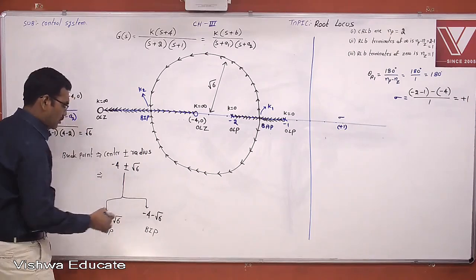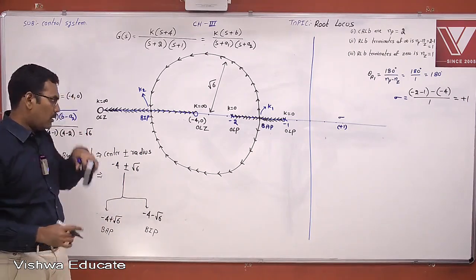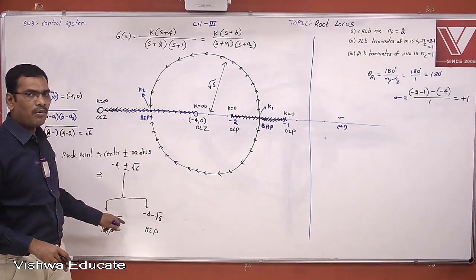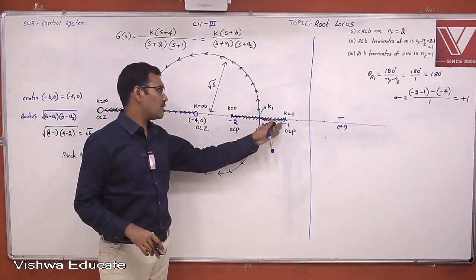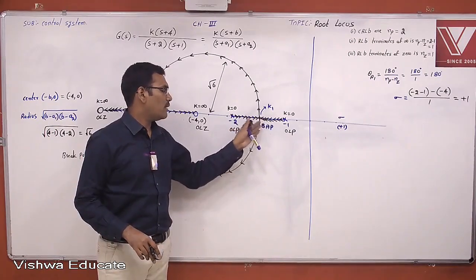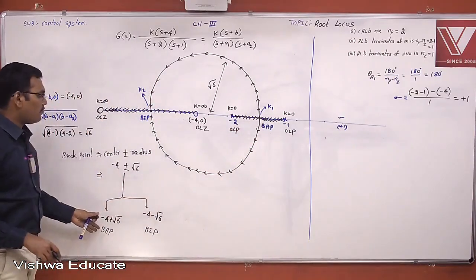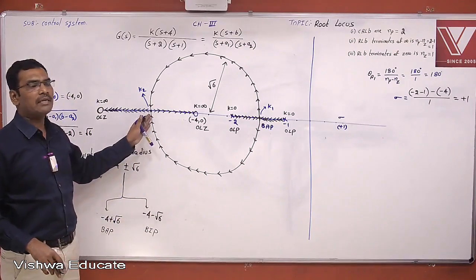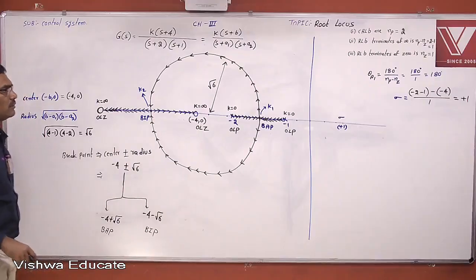Minus 4 plus root 6 is around minus 4 plus 2, so minus 2, again some point, so 1 point something, between minus 1 and minus 2. It is around minus 1 point something for the breakaway point, and minus 4 again to minus 6 point something is the break-in point. Okay, note that down.